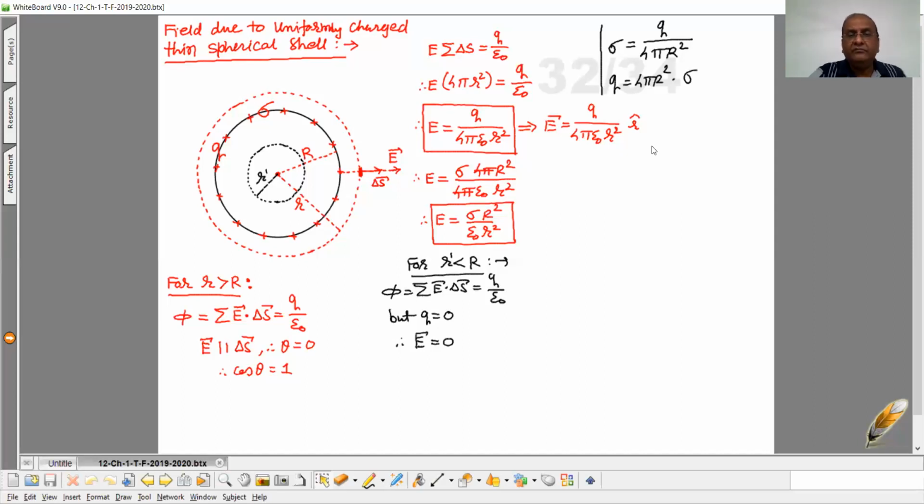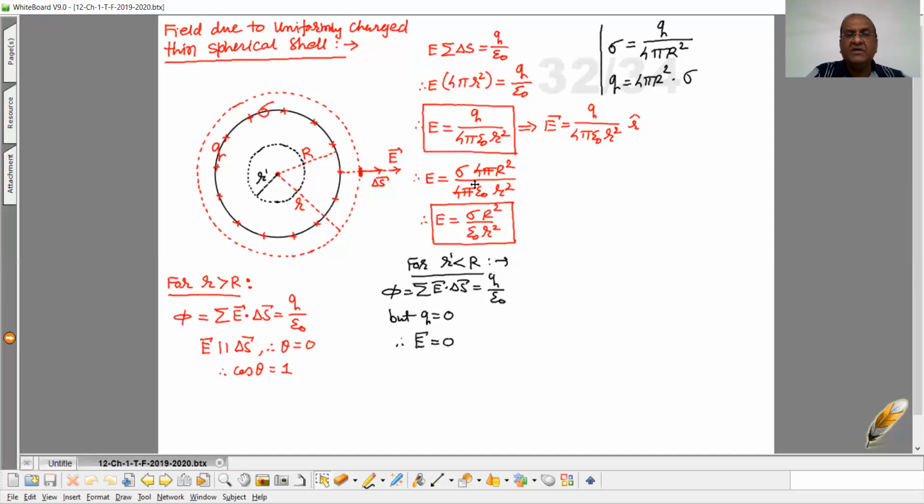Now Q is the total charge residing on this particular spherical shell. So if you want to write the answer in terms of surface charge density, then total charge is charge per unit area into total area. So sigma into 4 pi capital R square, that is your Q, upon 4 pi epsilon 0 small r square.